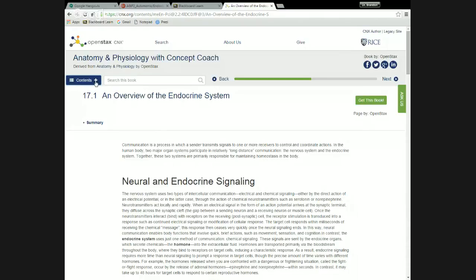Okay, so let's say we have a cell here, and it's got secretory vesicles, and it's secreting something outside the cell. But some of those things go back and bind to a receptor on the cell.